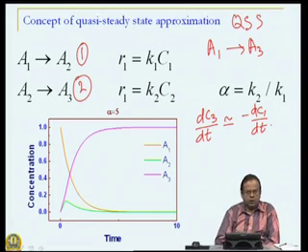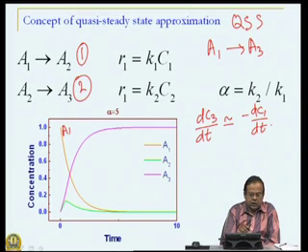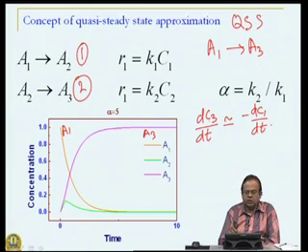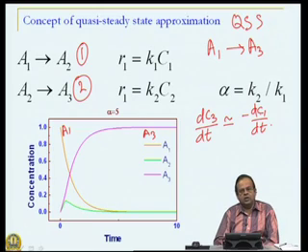Now, if you look at this alpha equal to 5 result, we see that A1 and A3 are almost mirror images of each other, or dC3 dt is minus dC1 dt. We had seen that earlier. In fact, where did we see this?